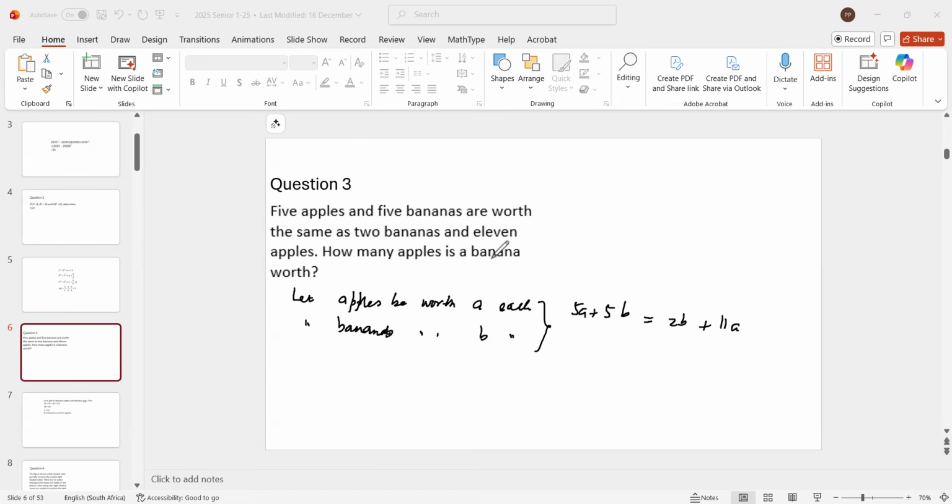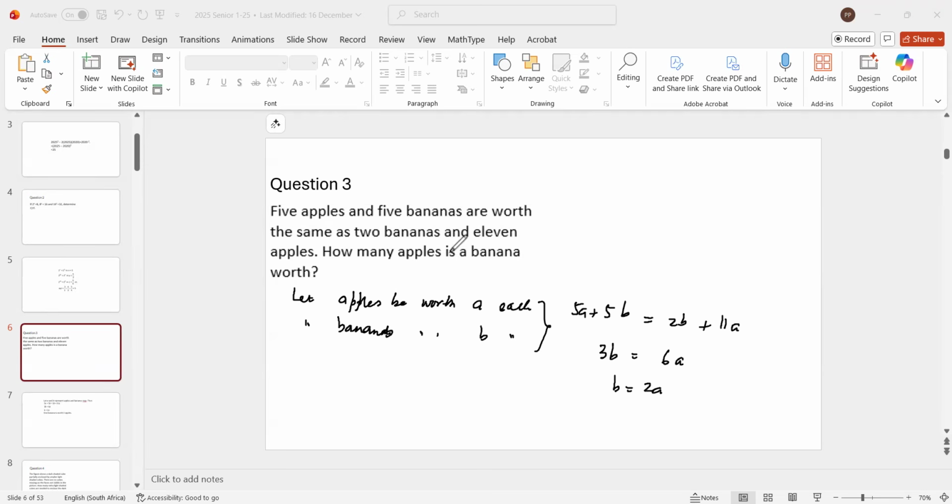Let's say, how many apples is a banana worth? Let's bring all the B's to one side. 5B minus 2B is 3B. And then 11A minus 5A is 6A. So therefore B is equal to 2A.